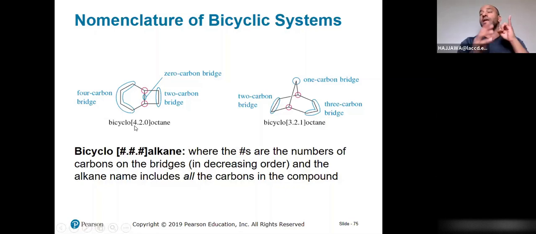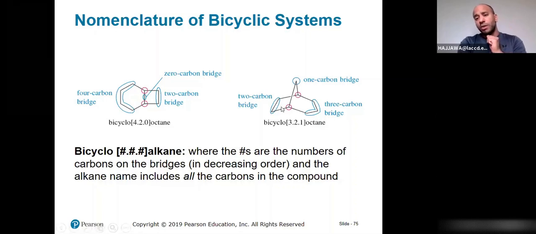The second digit is the smaller ring. How many carbons are coming off the bridge? You can see clearly here that you have 1, 2. So that will be the second digit. The third digit indicates how many carbons are on the bridge. In this case, you have a fused bicyclic system. That's why the digit will be 0. You have no carbons on the bridge.